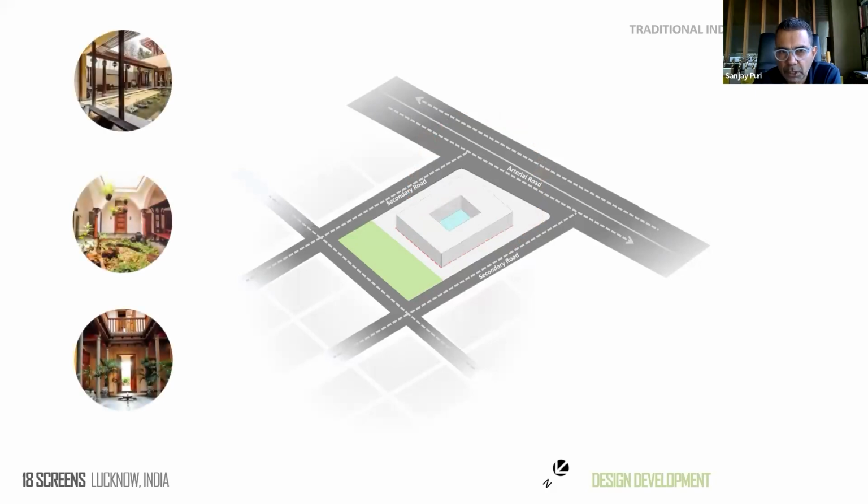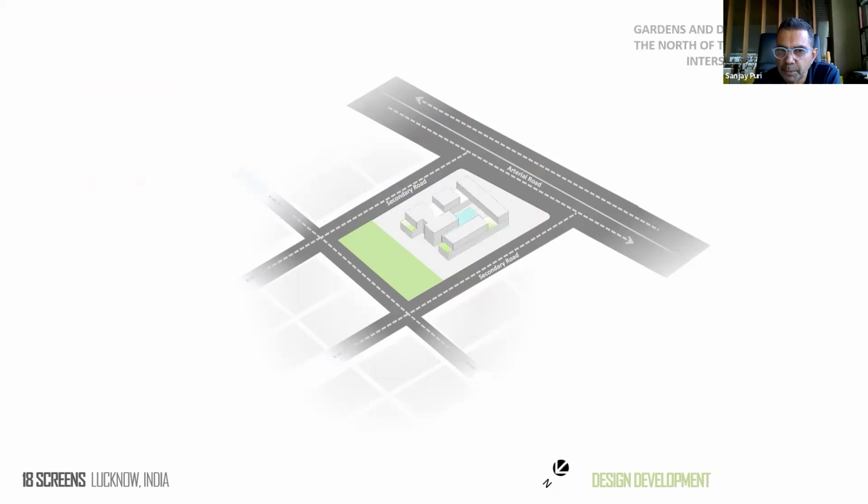Then we started with a simple courtyard, but then we started fragmenting it and creating it more interestingly, splitting up the ground floor into volumes which allow air circulation throughout. At the same time, the first floor steps back in some portions, creating garden spaces on the top.